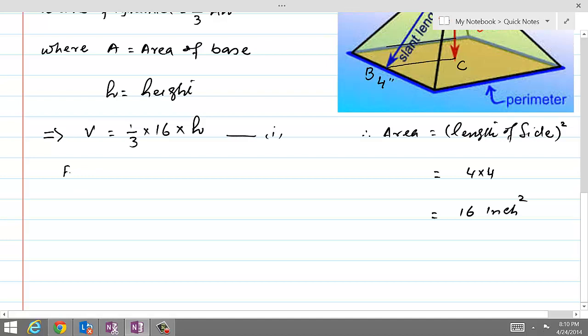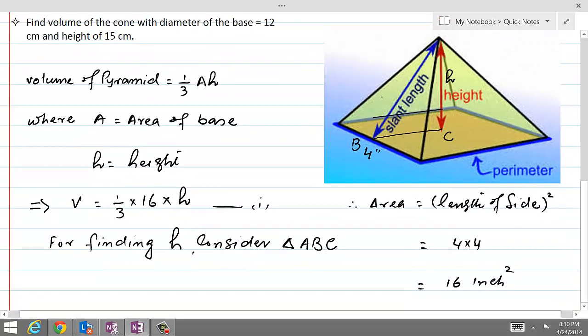For finding H, consider triangle ABC, and we apply the Pythagoras theorem on it, because this is the hypotenuse, this is adjacent, and this is opposite.